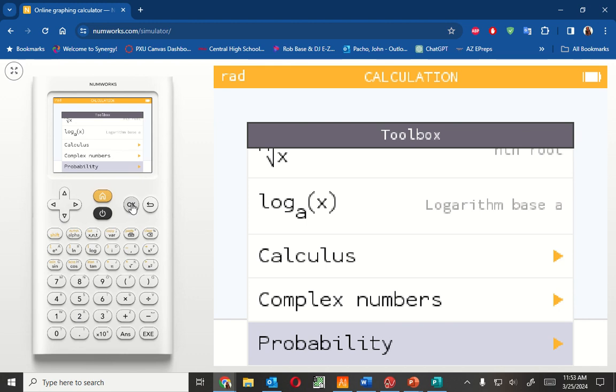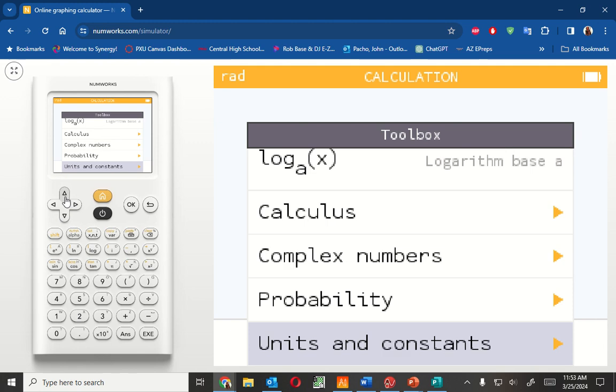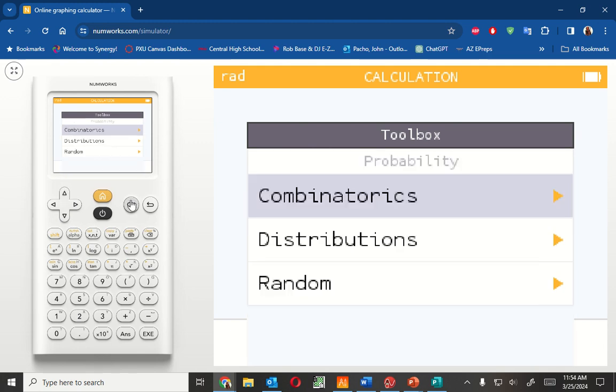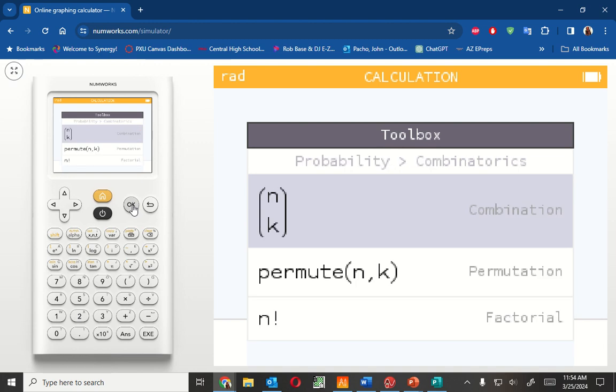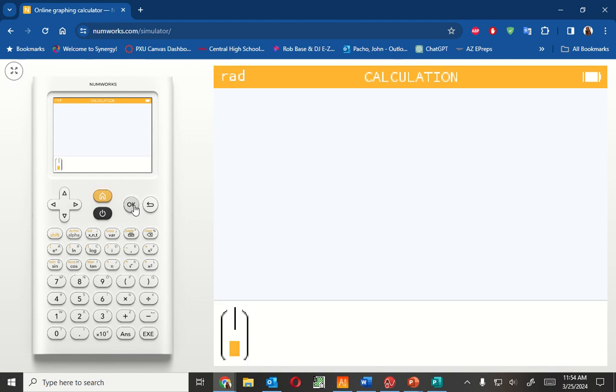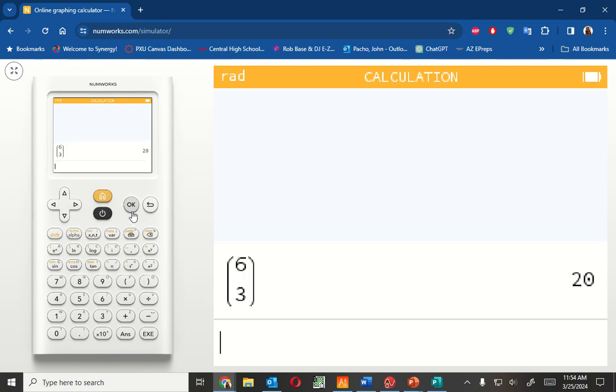That's important. Probability, and then combinatorics. And there it is. So there's combination, and this one's permutation. Combination is this top one. Permutation is the second one right here. So combination, 6, 3. There you go. Is that pretty easy there?